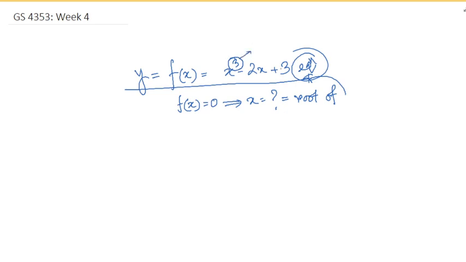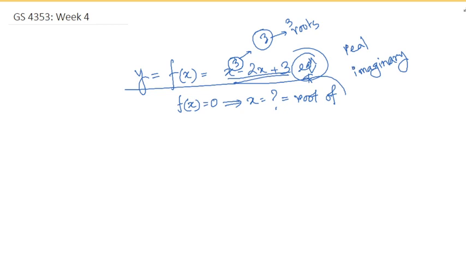As we can see here for this particular equation, the highest power of x is 3, which indicates that there will be 3 roots of this particular equation, no matter whether all the roots are real or imaginary, it doesn't matter. But we will get 3 roots for this particular equation.